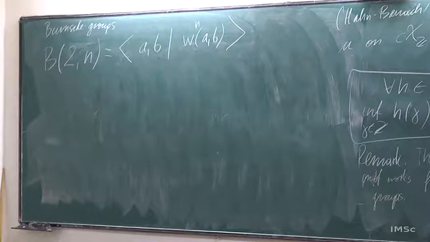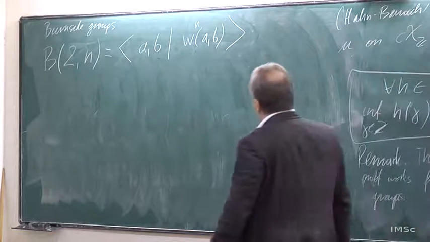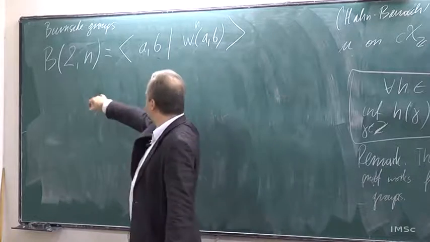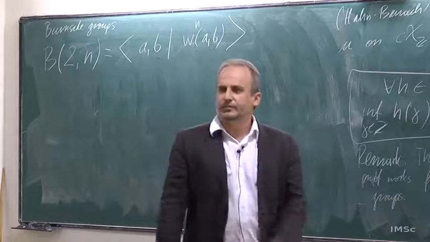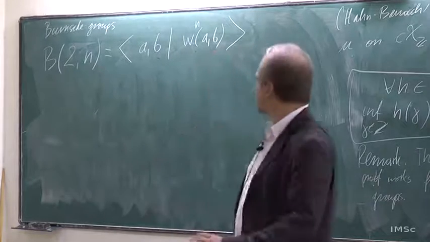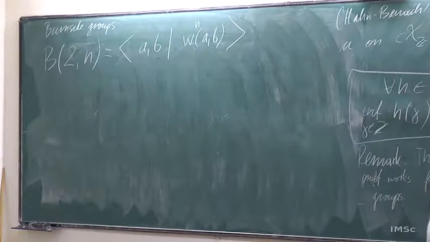Okay, and the question whether this group is infinite motivated a lot of developments in group theory in the 20th century. And of course it's a good candidate also, if it's infinite, to answer this question, because certainly it doesn't contain F2.